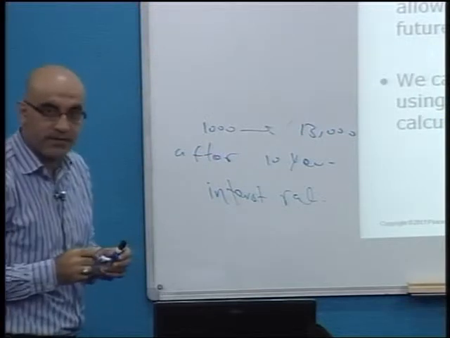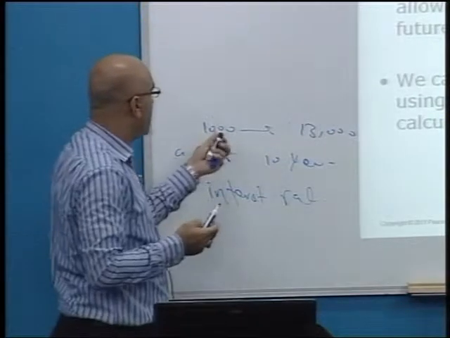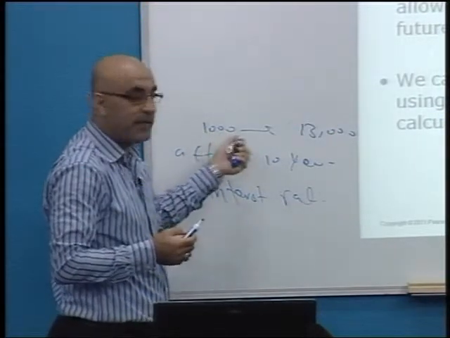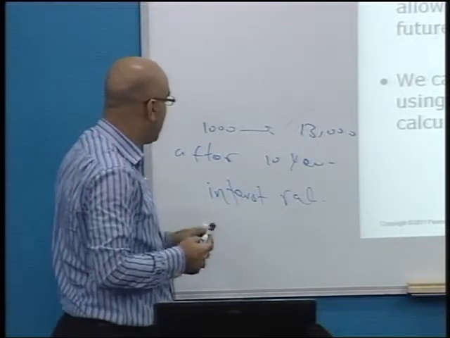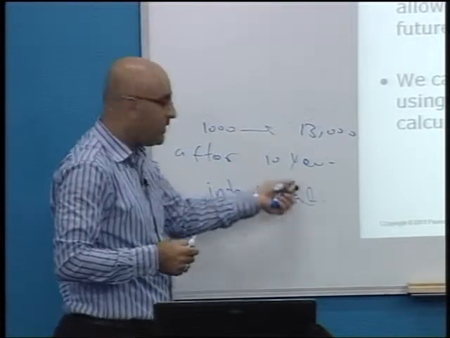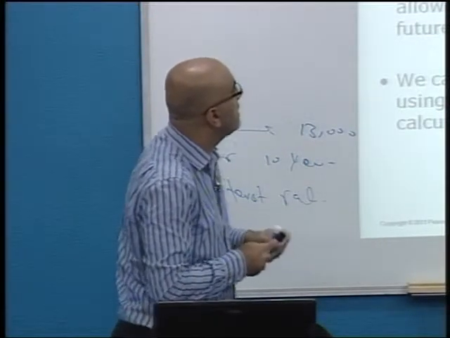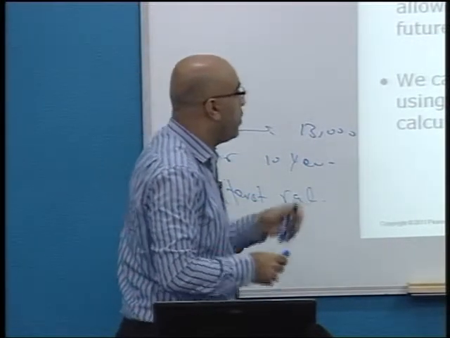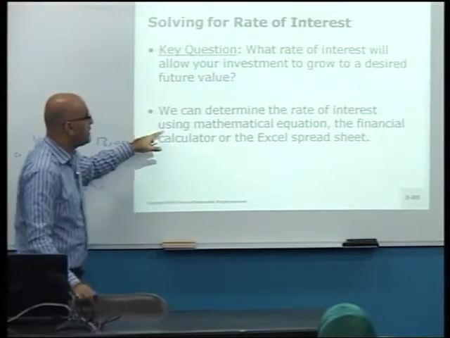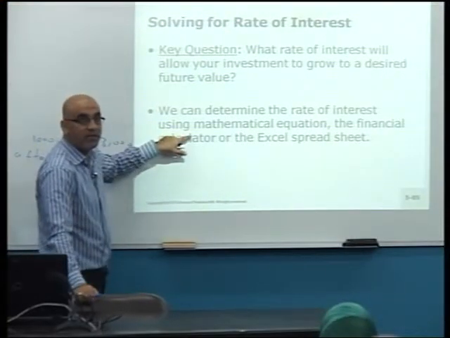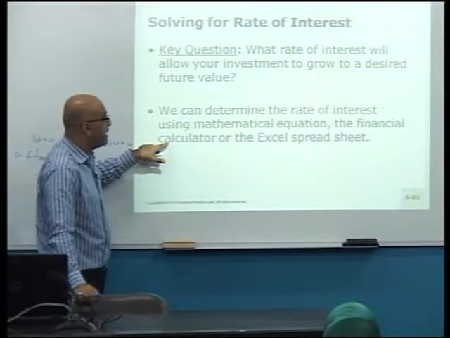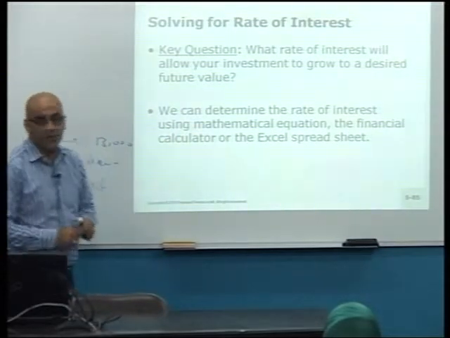I give you the present value, $1,000. The future value is $13,000. And n is 10 years. Now what is the interest rate? This is what it means, finding the interest rate. We can determine the rate of interest using a mathematical equation, the financial calculator, or the Excel spreadsheet.